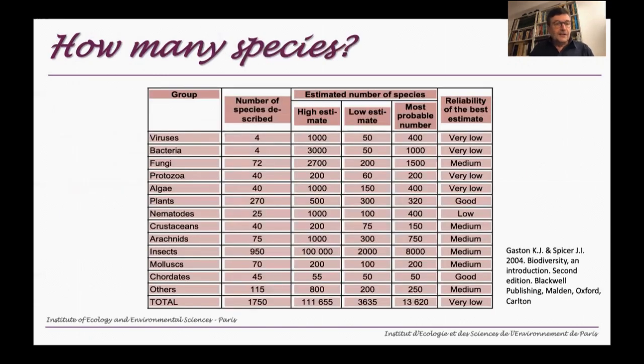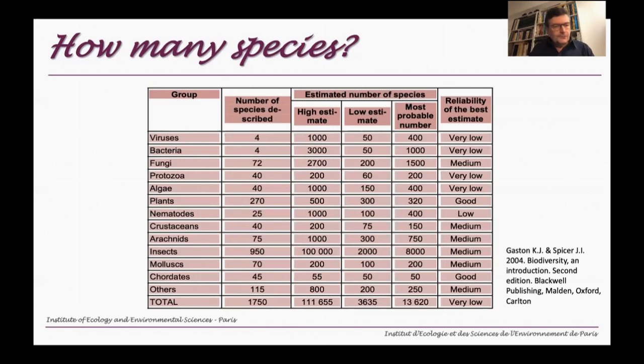The common way to assess biodiversity is to count the number of species. The total number of known species today is around 1.8 million organisms. Of course, the quality of our records is not the same between the different groups.